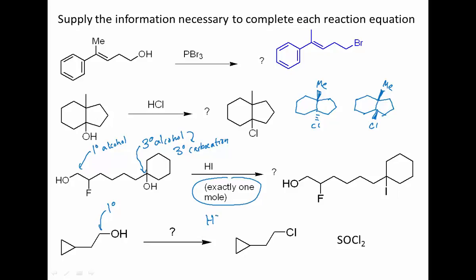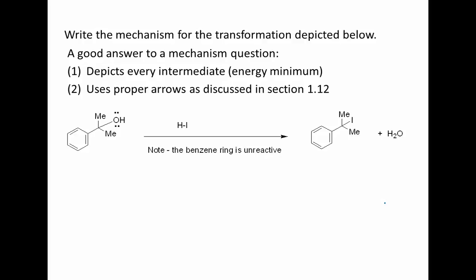HCl would probably get you some partial credit, but remember, it's not ideal for turning a primary alcohol into a primary chloride, because, again, the intermediates are a little bit high in energy. Okay, I think this is, no, sorry, we have one more.